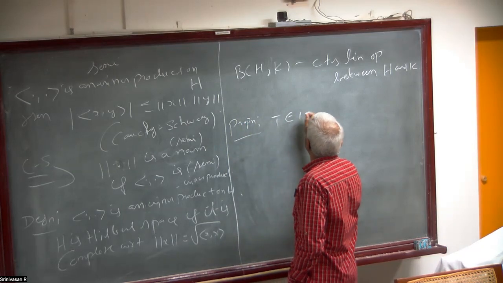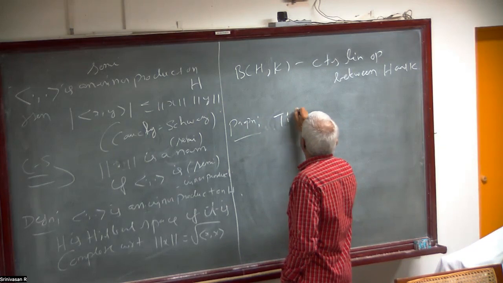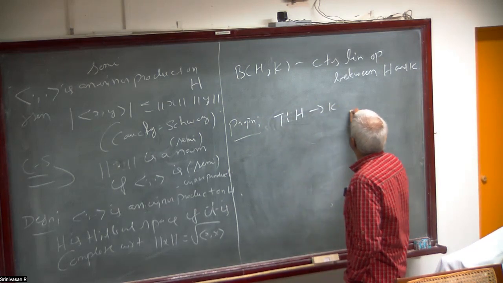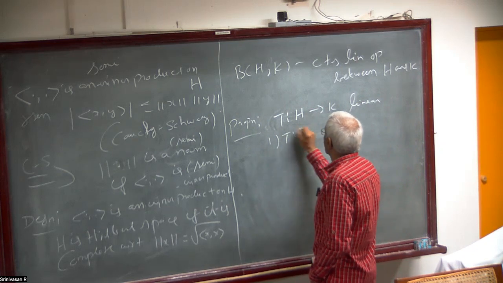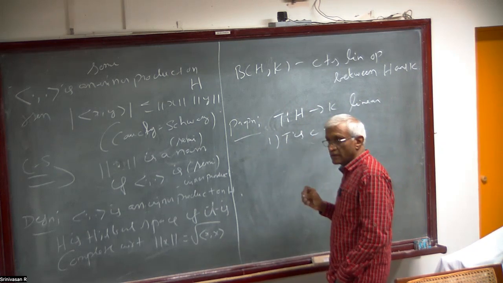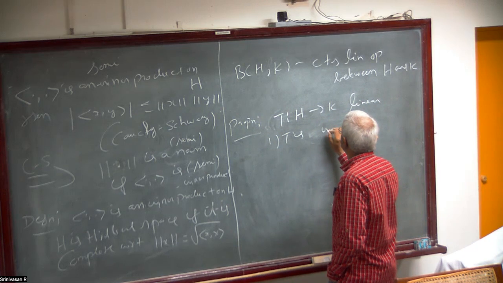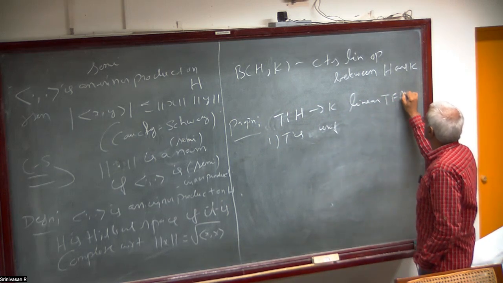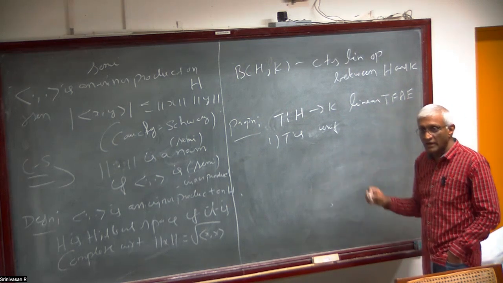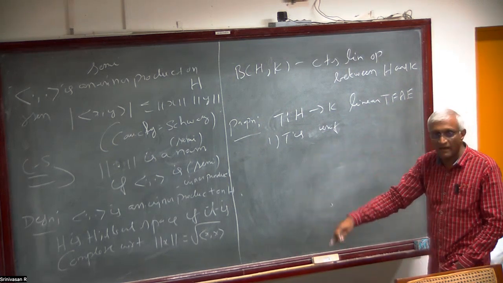Let T be a linear map from H to K. Then the following conditions are equivalent.